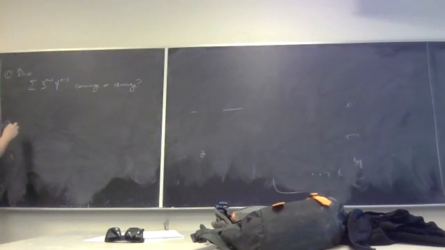Let's look at the sum from k equals 1 to infinity of e to the minus k squared.